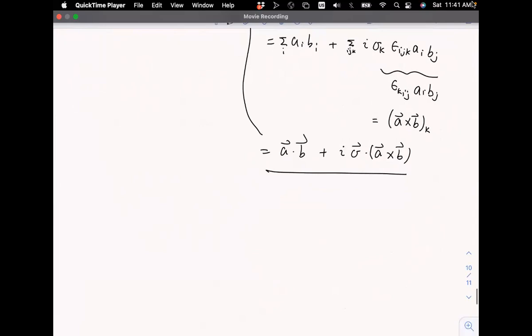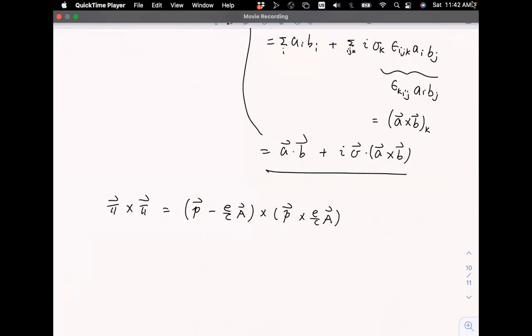So let's consider. Pi cross pi is this. Because p is an operator, and p and a don't commute, so it won't be 0.